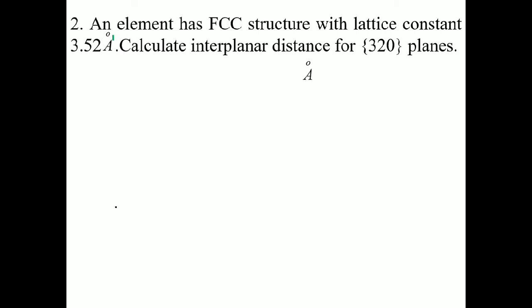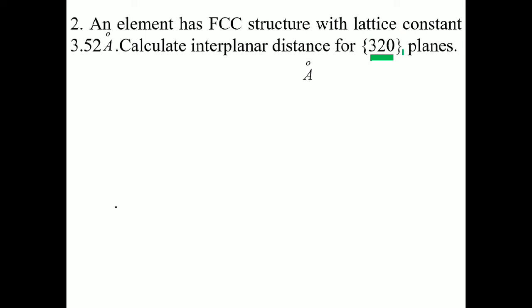And in this second problem, an element has FCC structure with lattice constant 3.52 angstrom. We have to calculate the interplanar distance for {320} planes. Although they are expressed inside the flower brackets, you need not have confusion.